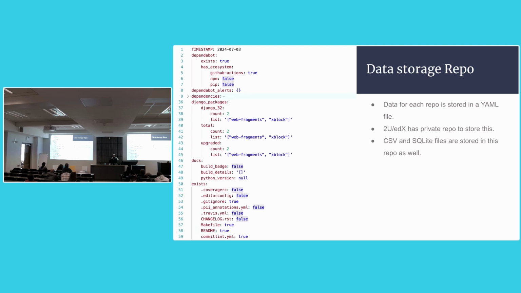There can be a question: why are we storing data into YML files? Because for visualizing within 2U, we use Google Sheets, and our workflow gives us a CSV, and we feed that CSV to Google Sheets. We are storing the YML file as well, because we can create CSV from that and we can create SQLite files from that.